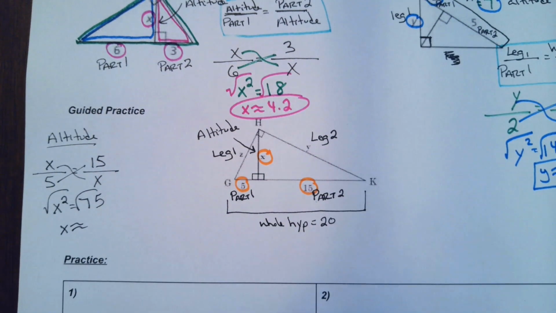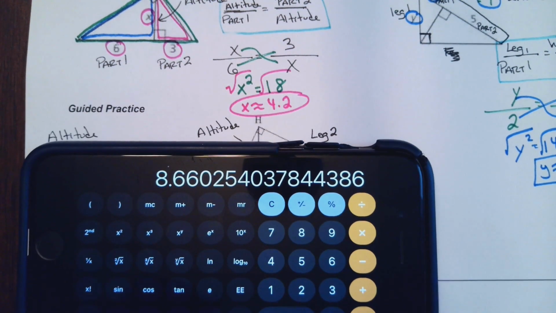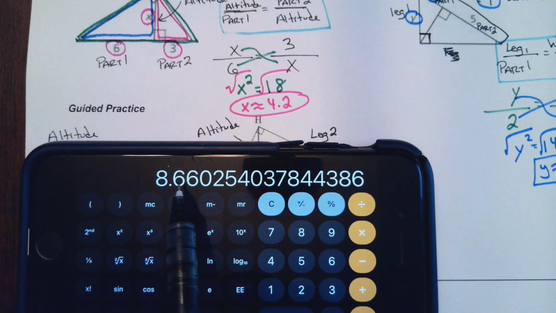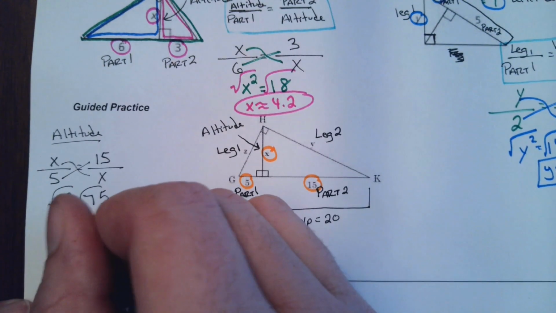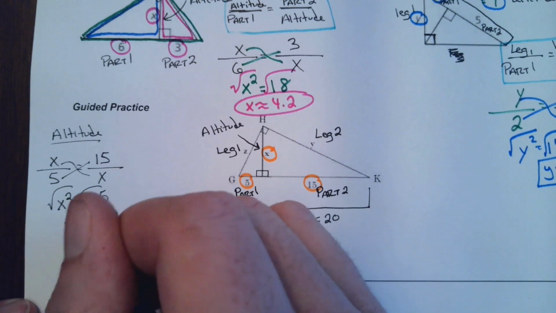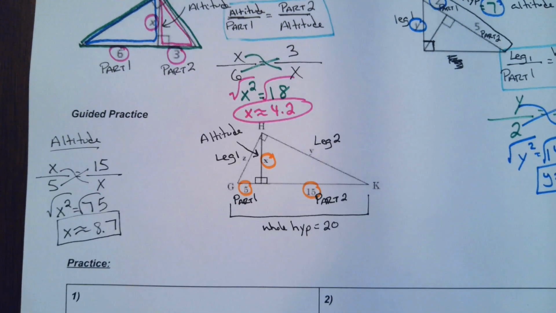So x is going to be approximately, I need to take the square root of 75, 8.66. After that 6 is a 6, so it's going to round up to 8.7. All right, so the altitude is done.